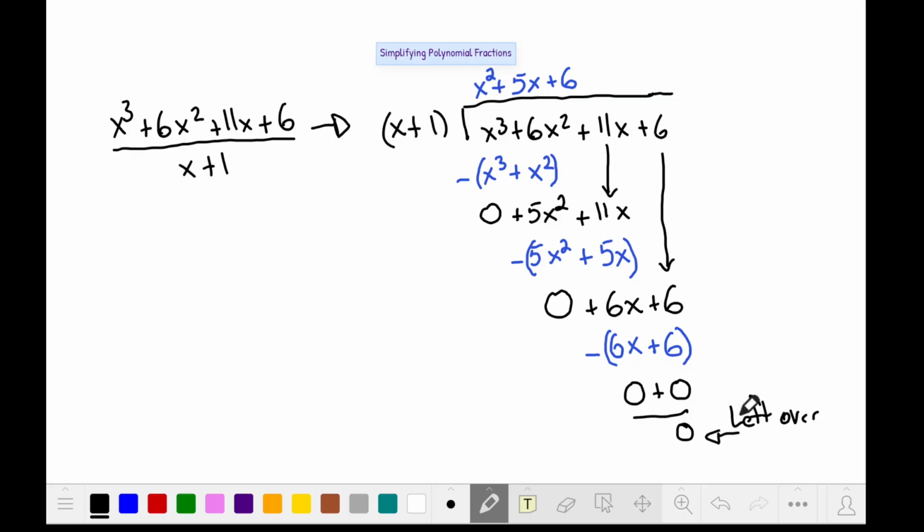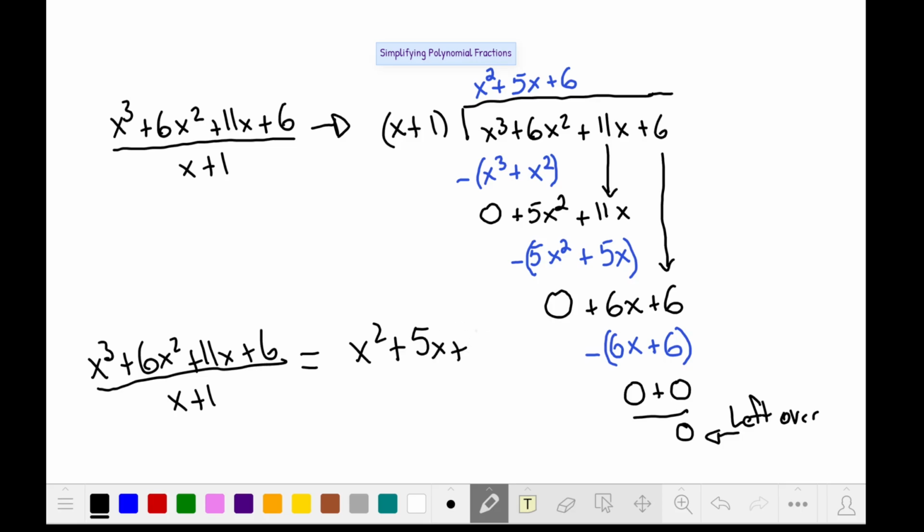Well, what this algorithm, this long division of polynomials, has shown us is that this original expression, which is a little frightening at first, and I'm saying that as someone that likes math, this looks not great, not just because I'm bad at drawing, is actually simply equal to x squared plus 5x plus 6.